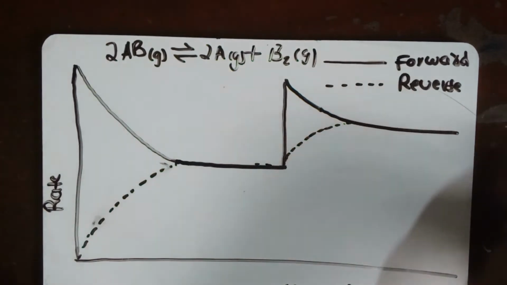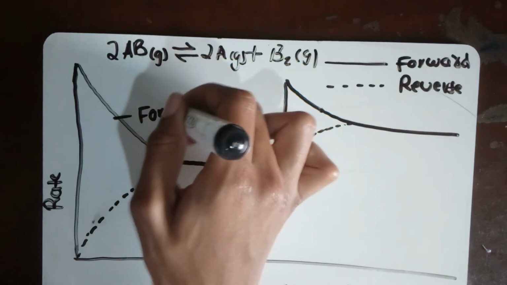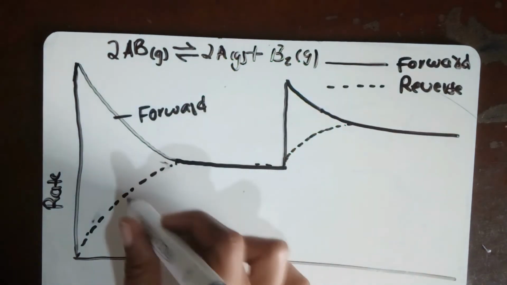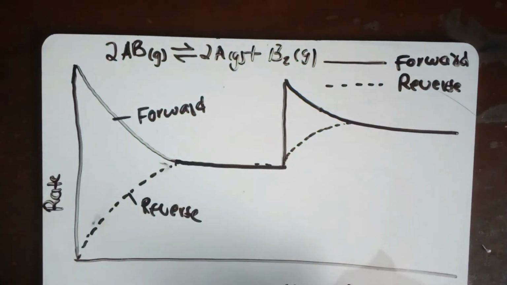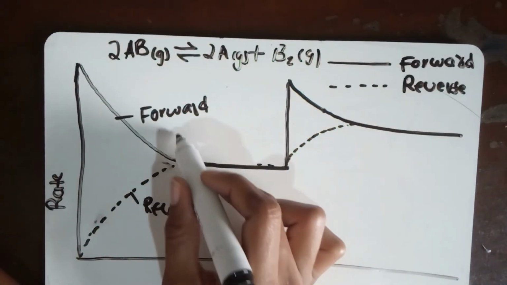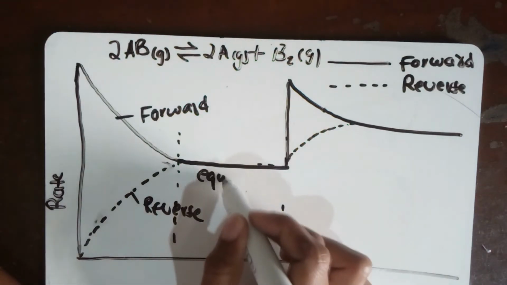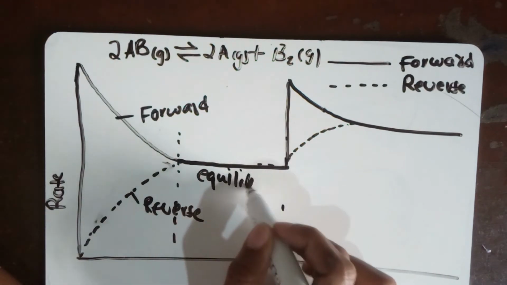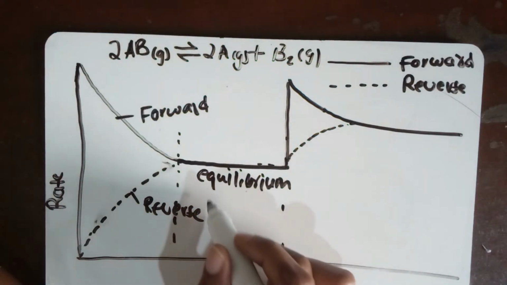So you would say, okay, this is my forward reaction, this is my reverse reaction, right? And then you notice that after a certain point, these two reactions are at equilibrium. So the rate of the forward reaction is equal to the rate of the reverse reaction. So this is our first equilibrium.